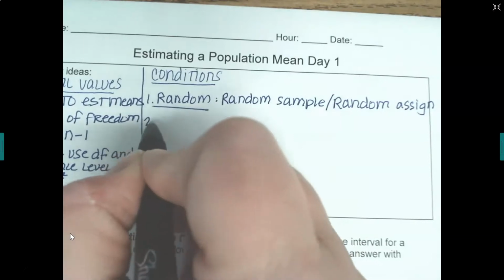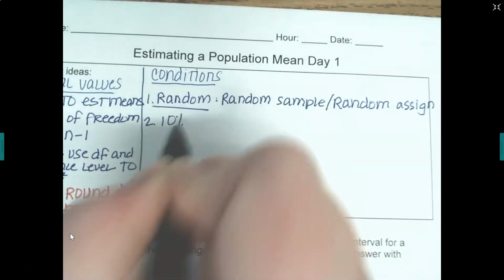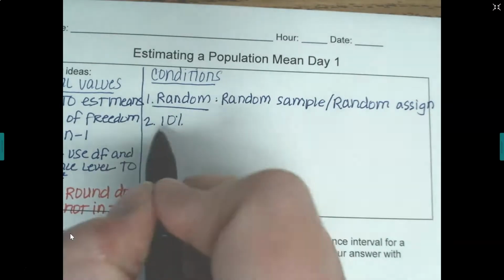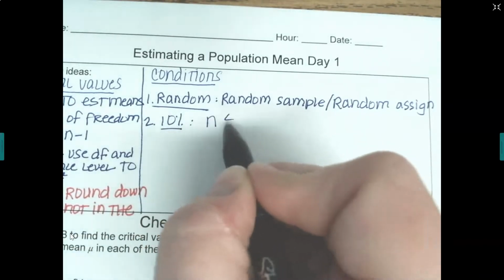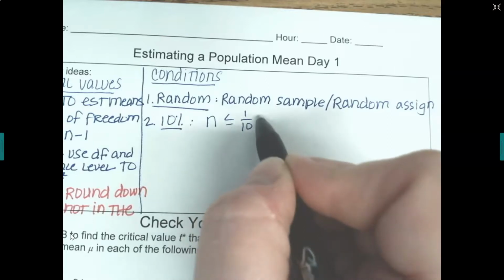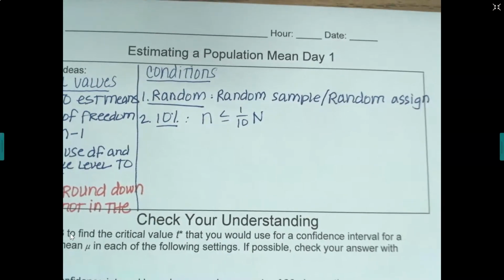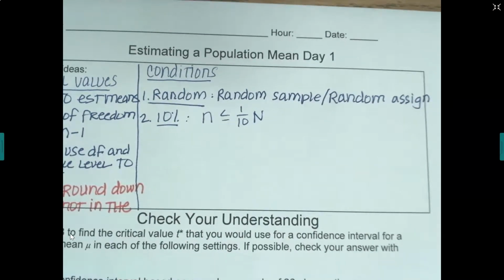If you have a random assign, you don't need to worry about the 10% condition. That's when you're taking a sample. 10% is your sample size has to be less than 1/10 of the population when sampling without replacement.